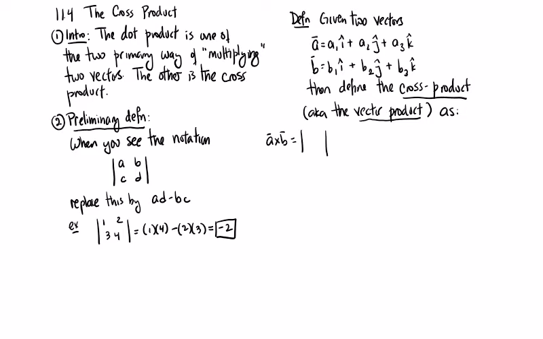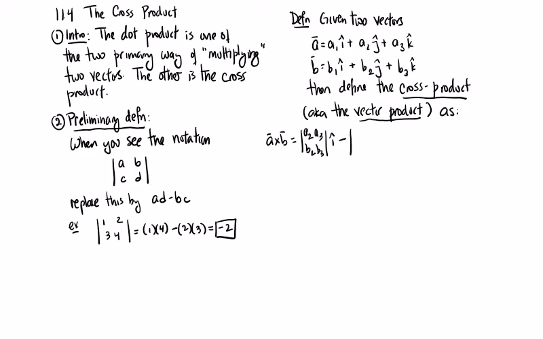So for the I component, I'm going to look back at my A and my B. I'm going to ignore the I's, and I'm going to look at the numbers that remain: A2, A3, B2, B3. So take a second to see what's happened there. I'm building the I component, so I cover up the I components in the A and the B, and I take the other 4 numbers and I just slot them in. A2, A3, B2, B3. Then I do a minus.